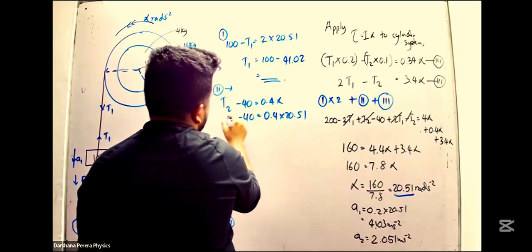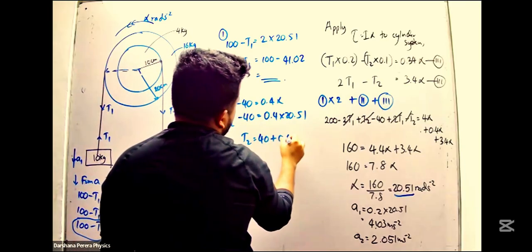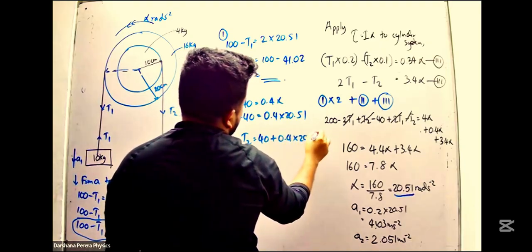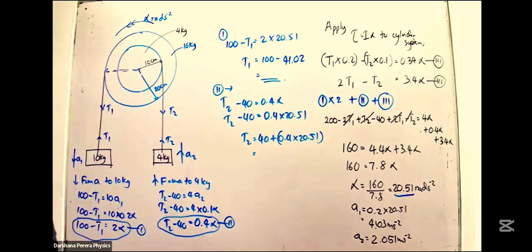T2 equals 40 plus 0.4 times 20.51. Yes, your answers are correct.